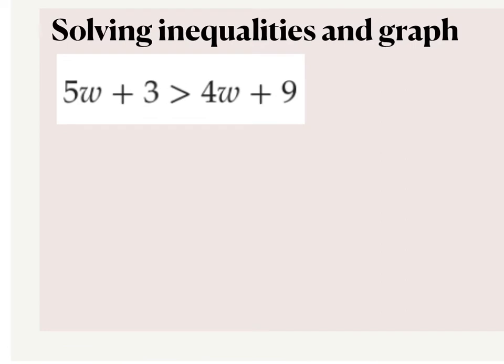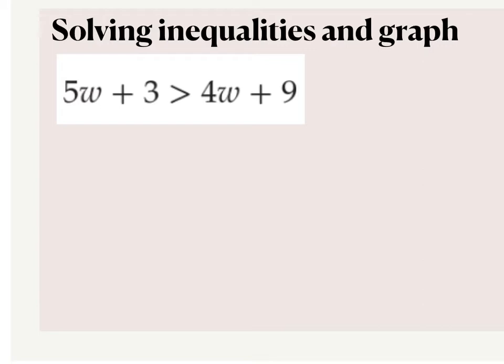What should we do to solve this? Okay, what do we need to do to solve this? Combine like terms. How do we combine like terms? What do we need to do? Subtract. Subtract what?